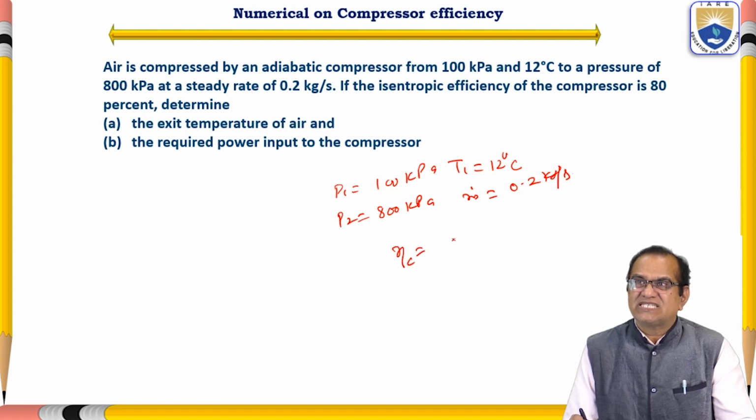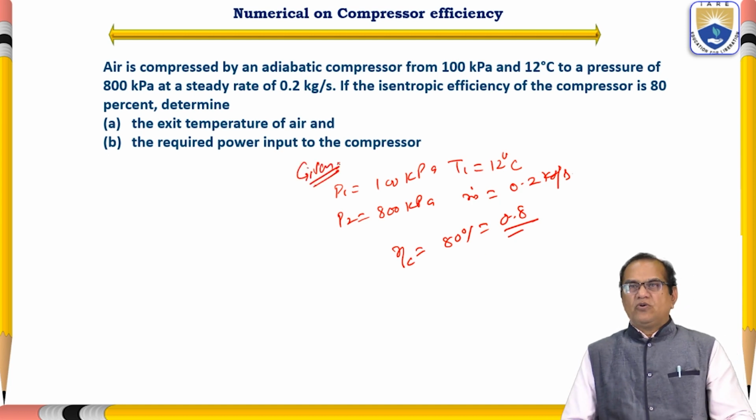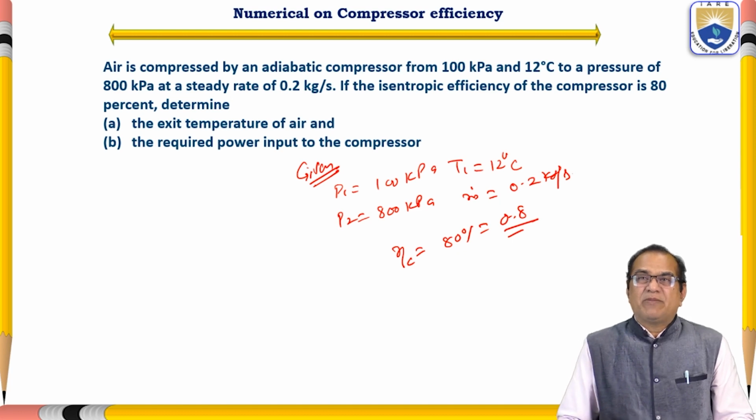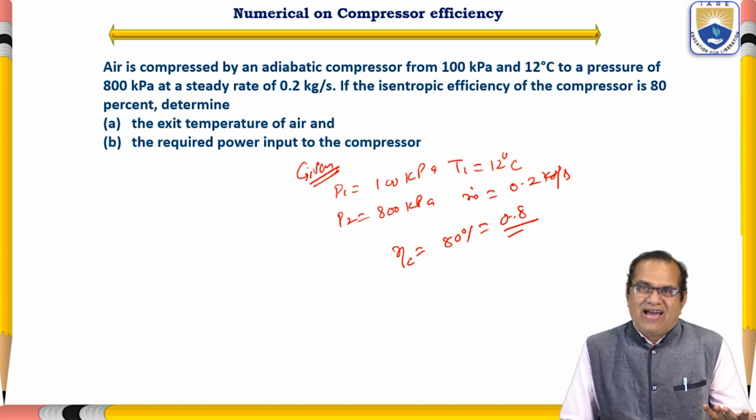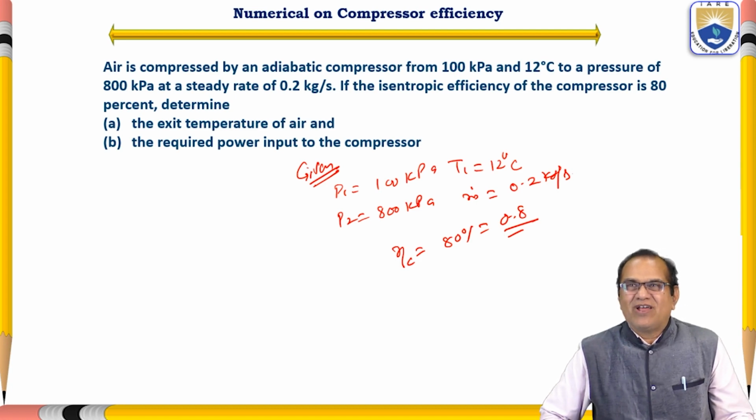Efficiency is given as 80%, that is 0.8. These things are given. Now we have to find out the exit temperature. If it were an isothermal process, the exit temperature would be well known.